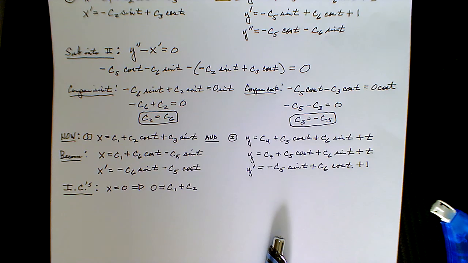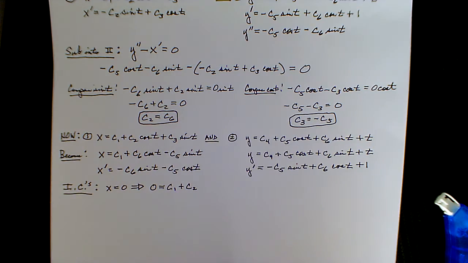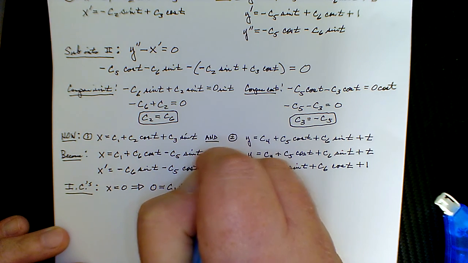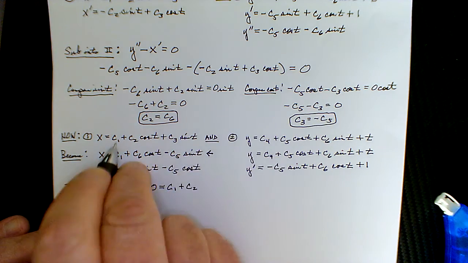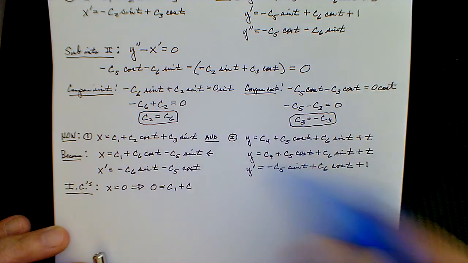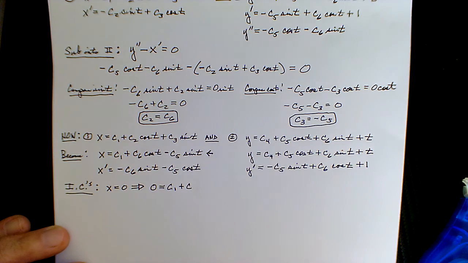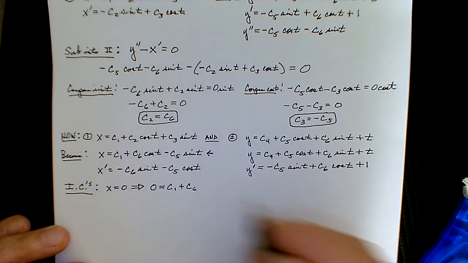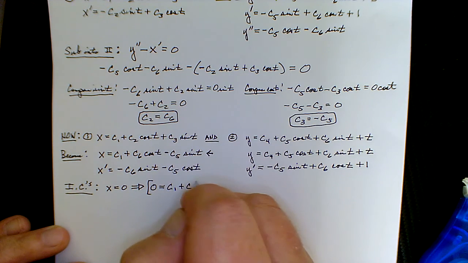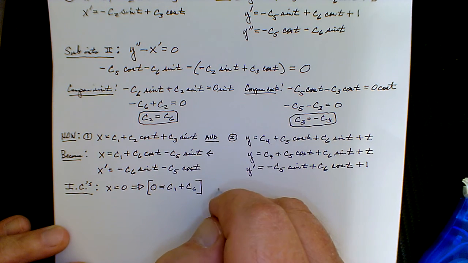Hold on one second. Okay, I'm good. Sorry, I'm looking here. We're looking at this equation. I had looked at that one, so it's not C1 plus C2, it's C1 plus C6. So we're going to have to hold on to that. Put little brackets around it.